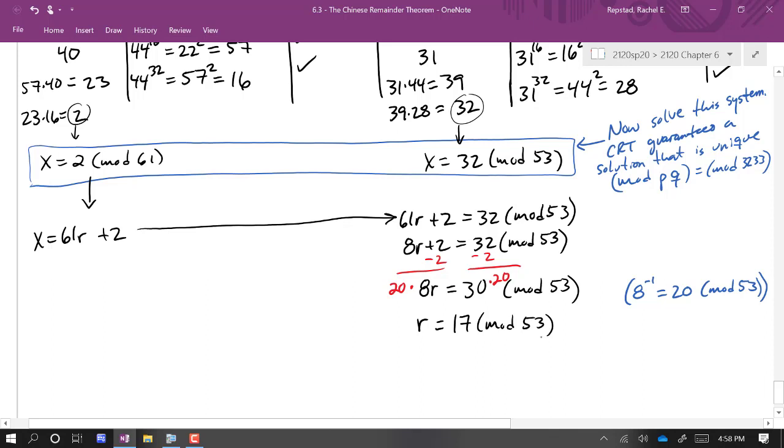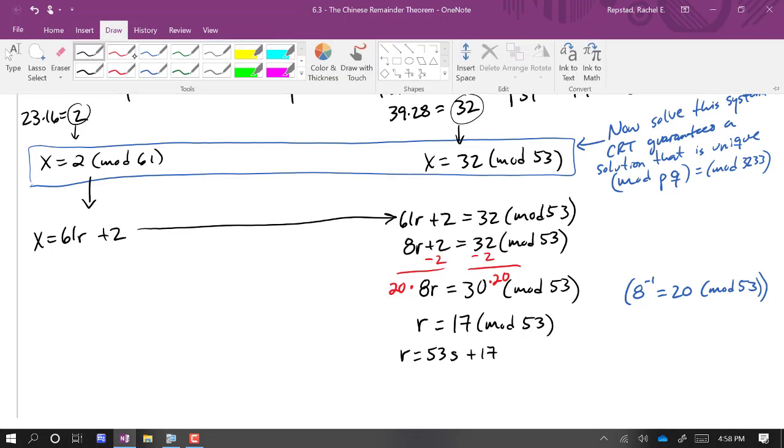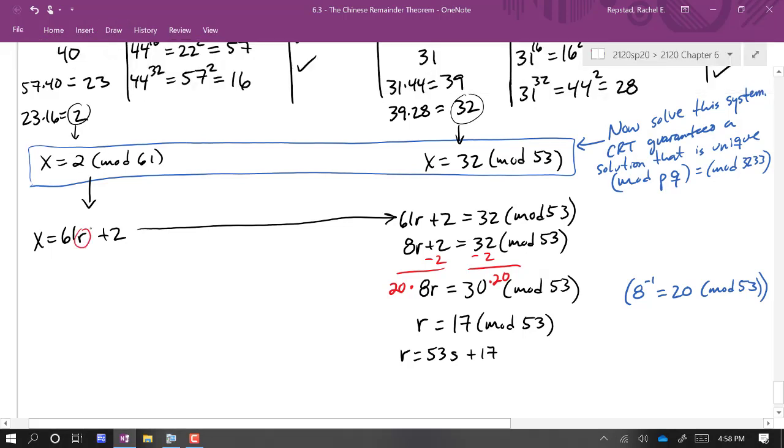Okay, so if r is 17 mod 53, that means that r is 17 more than a multiple of 53. So say 53s plus 17. Now I'm going to take this expression and plug it in for r up here.